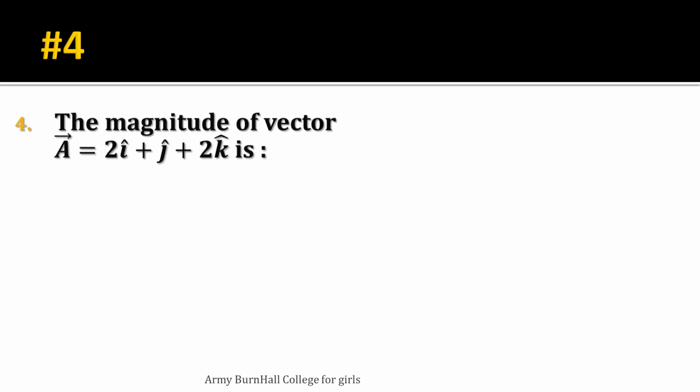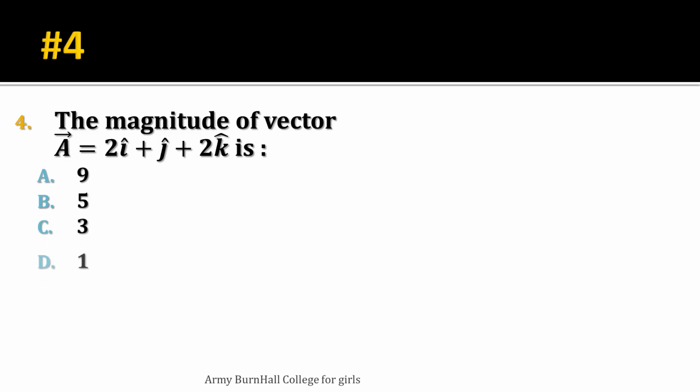MCQ number 4. The magnitude of vector A equal to 2i hat plus j hat plus 2k hat is: option A 9, option B 5, option C 3 and option D 1. We have to calculate the magnitude of the given vector. You can see that in this vector A, the x component is 2 with i hat.